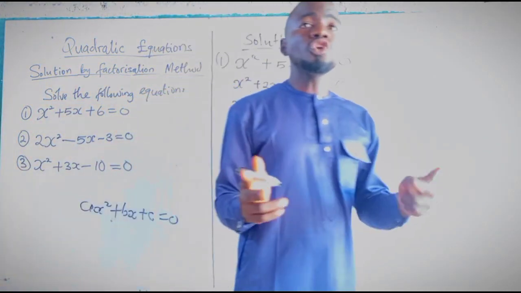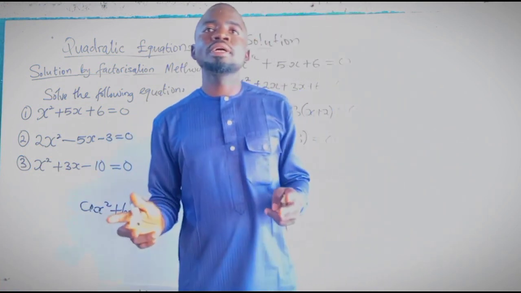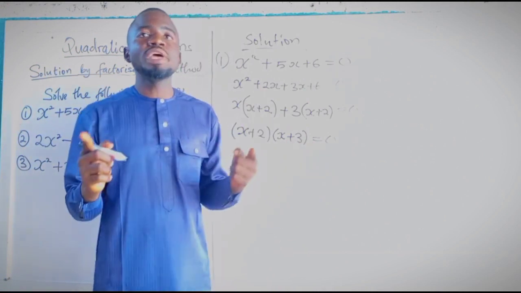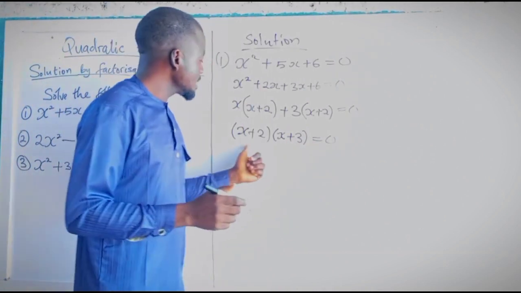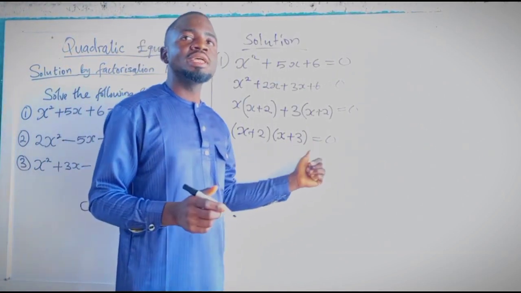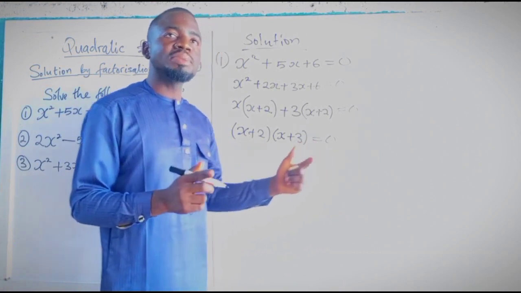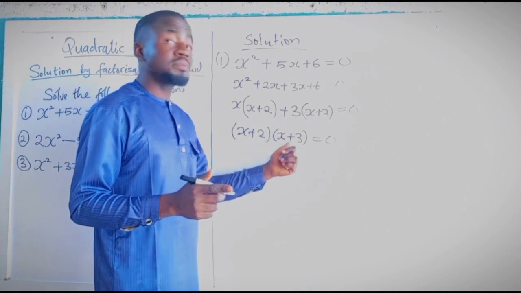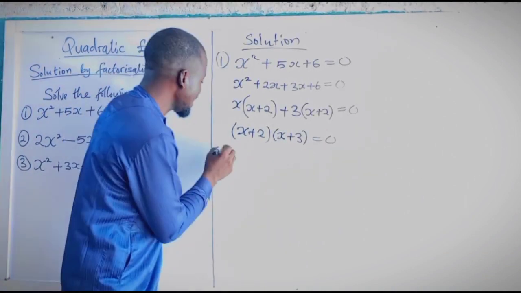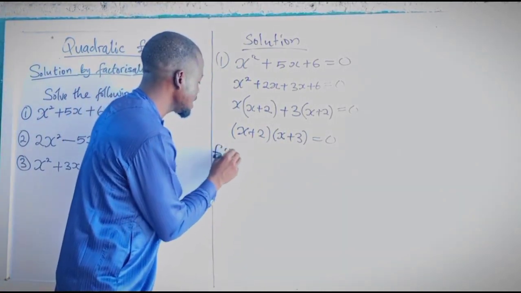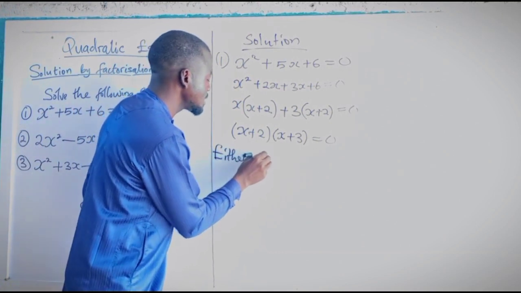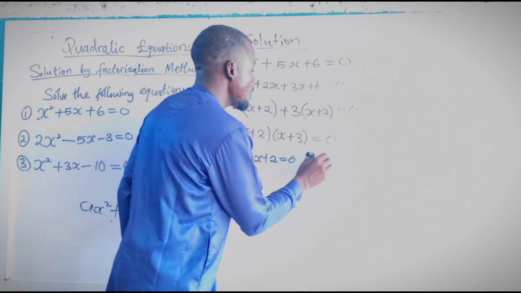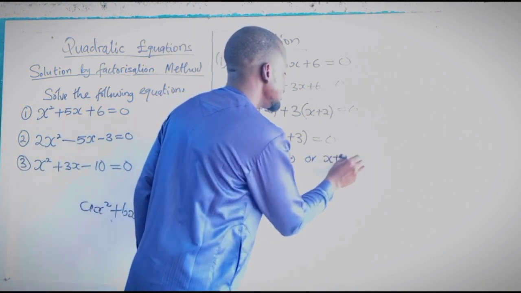Now, when two numbers multiply each other and you get 0 as the result, it means one of them must be equal to 0. So we have two expressions multiplying each other, equating to 0. That implies that either x plus 2 is equal to 0 or x plus 3 is equal to 0.